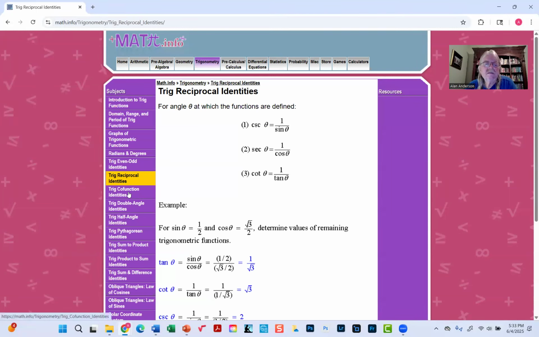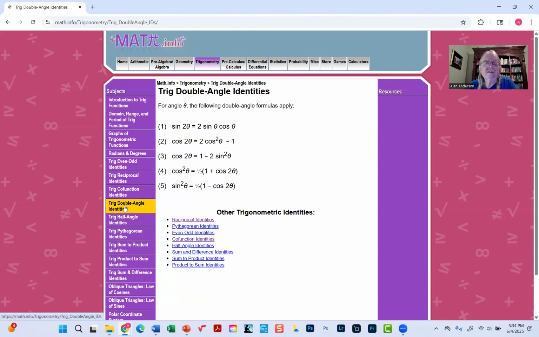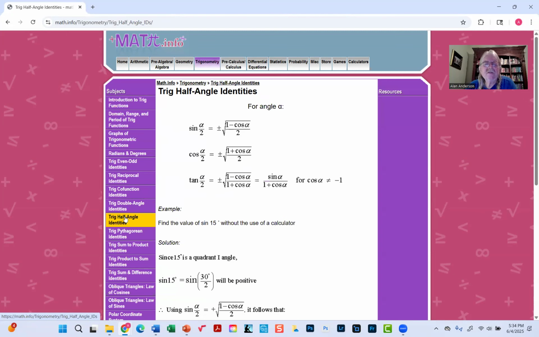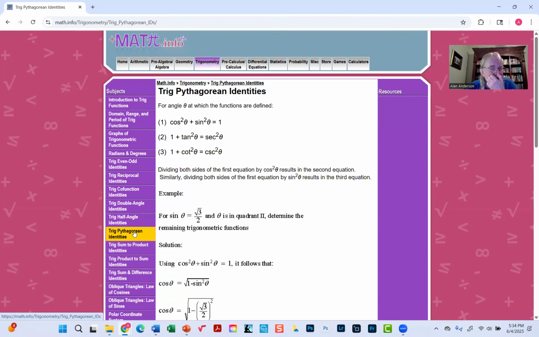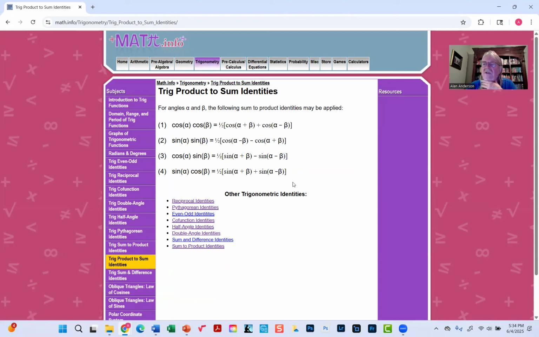There are so many relationships that you could potentially go through here. We have the double angle formulas, half angle formulas, the Pythagorean identities. We'll be looking at this one in a bit. It's unbelievable how many different formulas are available for these trig functions.